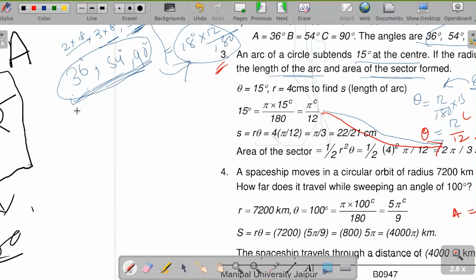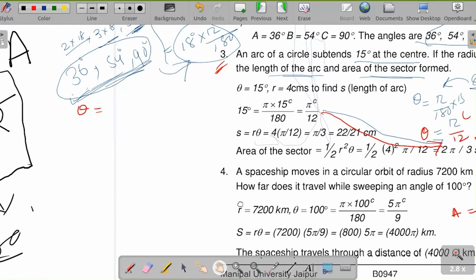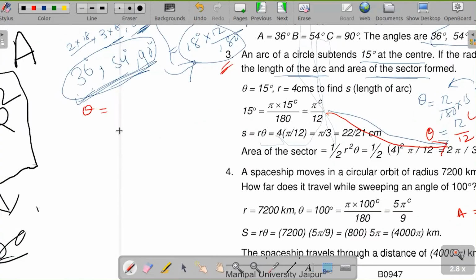Okay. So we already calculated theta. Theta is equal to pi by 12 in radian. And radius we have 4. So we get area, and the formula of area we know already: half theta r square.